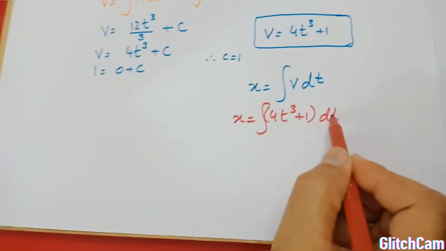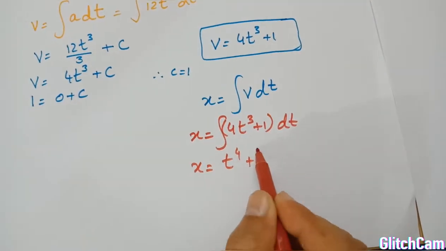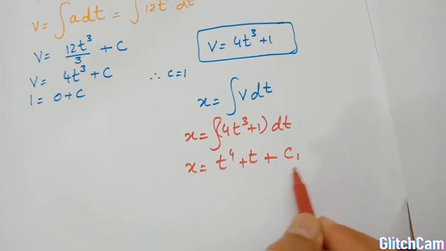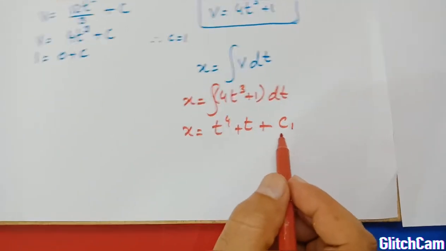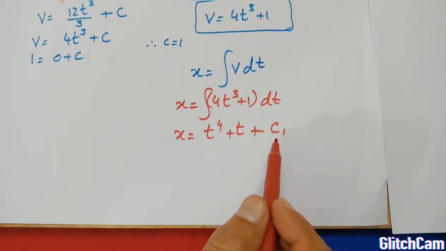When I integrate this, I get t raised to power 4 plus t, and plus c1, because we are integrating, we have to write this c. Since c was already used, I'm just writing this c1.